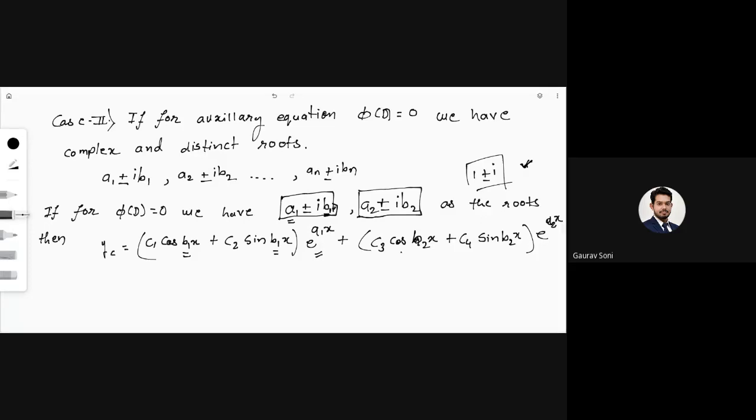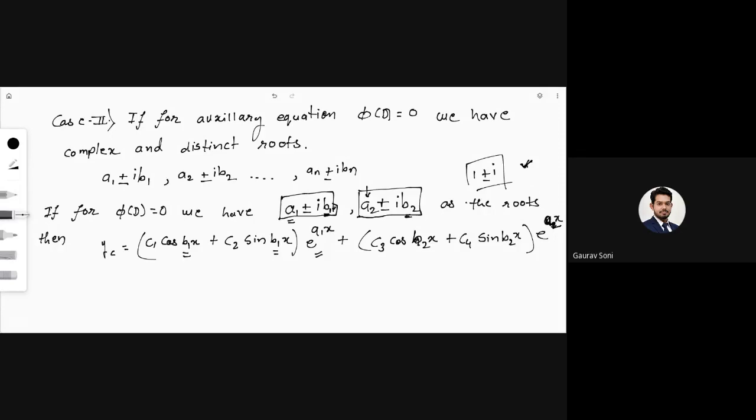For the second pair, the thing with i is b2, so b2 will come with cos and sine, cos of b2x, sine of b2x, and the real part of the second complex number, a2, is e to the power a2 into x. So this happens when you have distinct complex numbers as the roots.